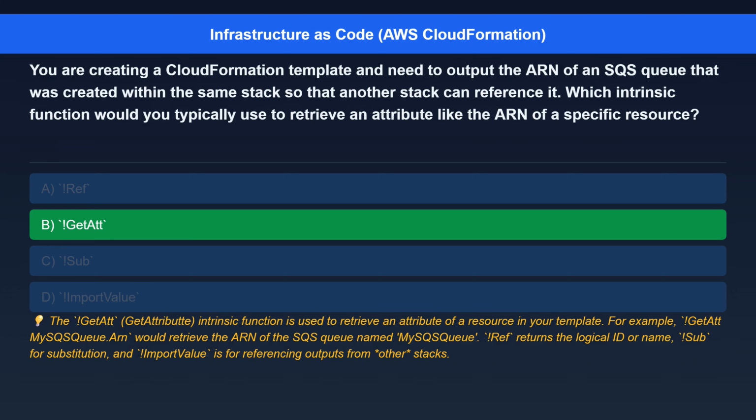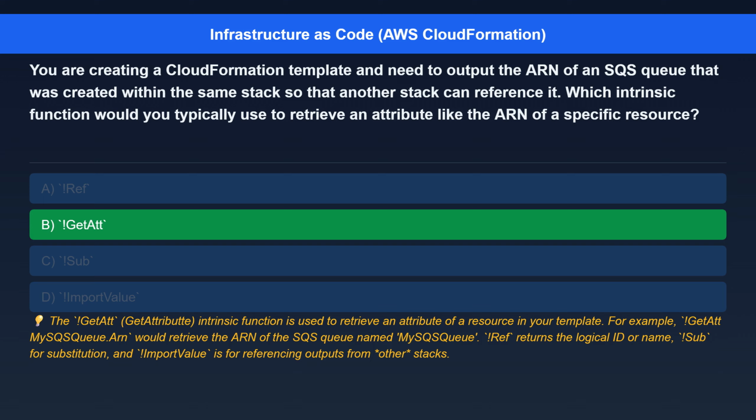The correct answer is `Fn::GetAtt`. Here's the explanation. The `GetAtt` (get attribute) intrinsic function is used to retrieve an attribute of a resource in your template.